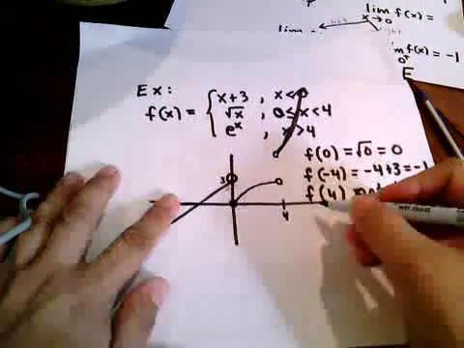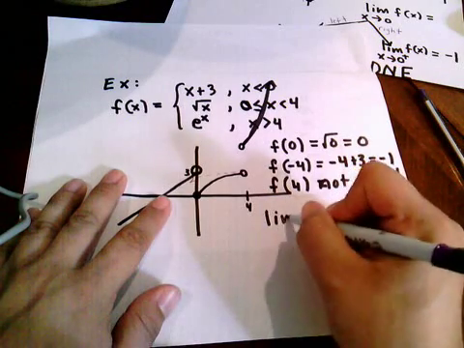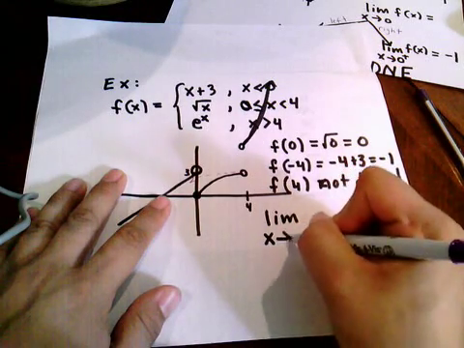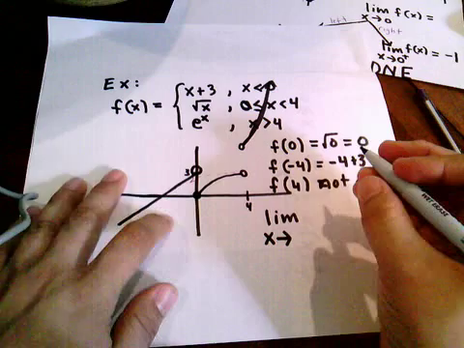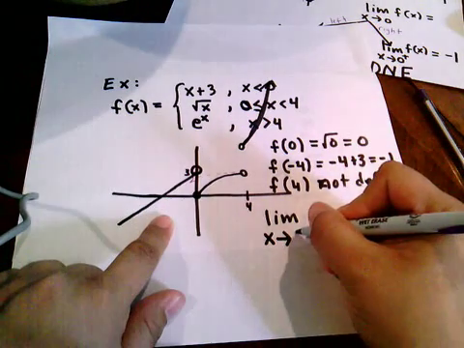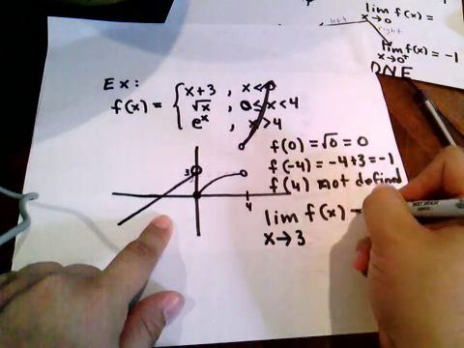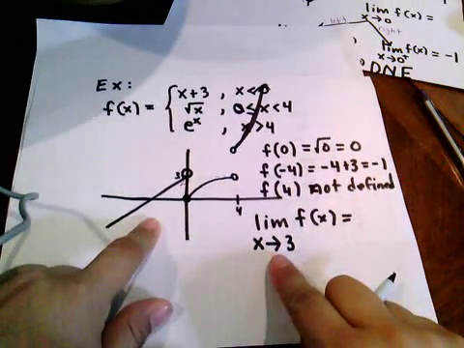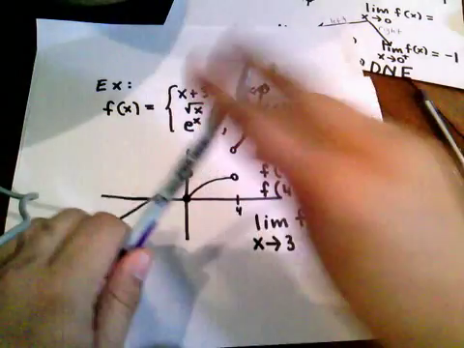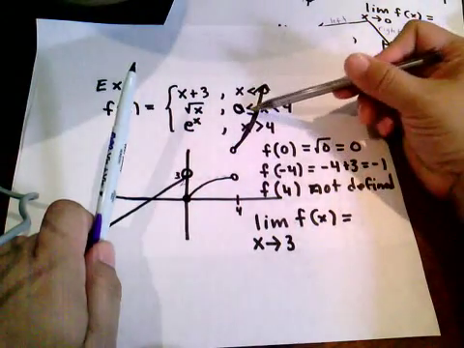Now, regarding limits. The limit as x approaches, let's say, 3 of f of x. What's the limit as x approaches 3 of f of x? I ask myself, where is 3? 3 would be somewhere between 0 and 4.